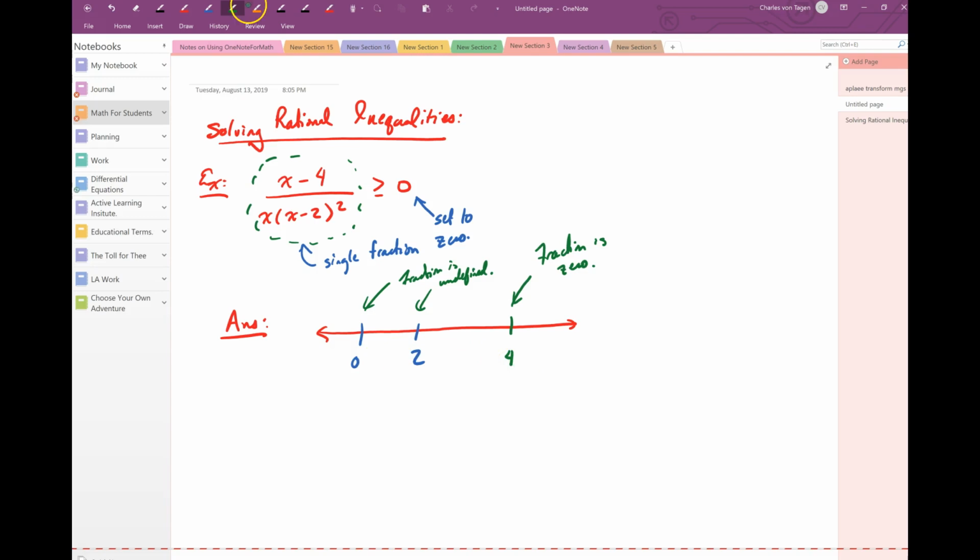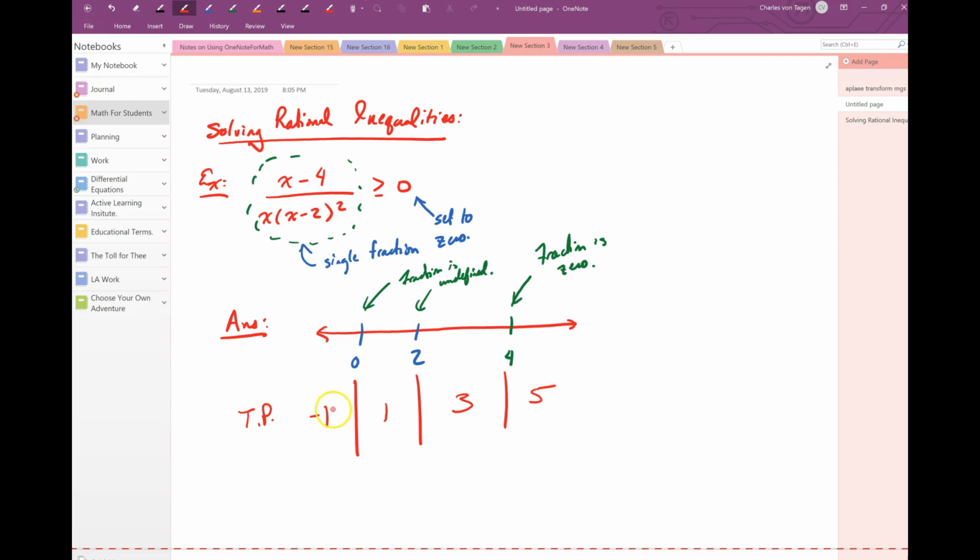So now what am I going to do? I'm now going to take a test point from each one of these intervals. Let's take x equals -1, and we can take x equals 1, and let's say x equals 3 and x equals 5. I've taken what I would think are the most natural choices for test points in each of these subintervals.